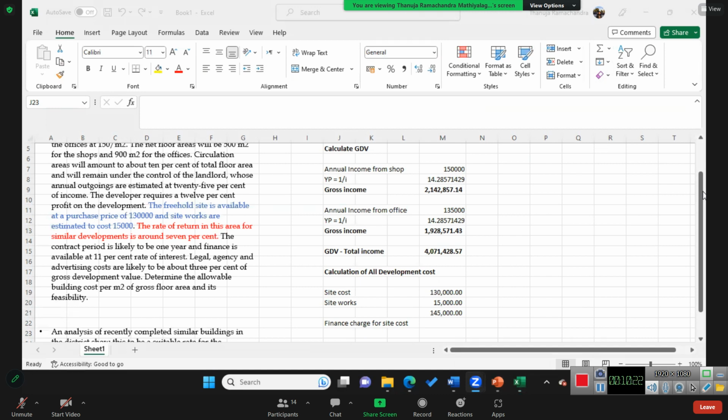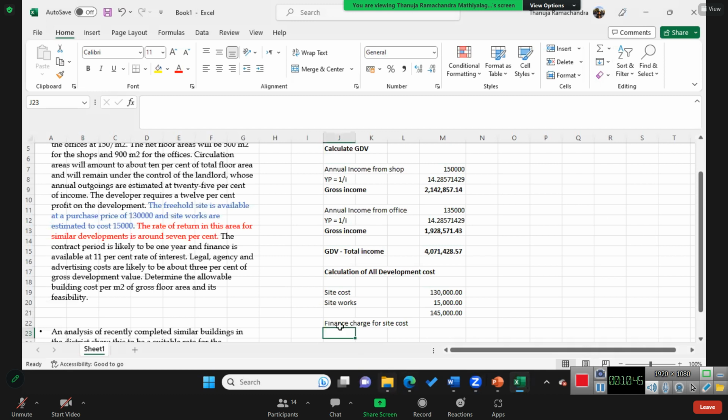So for that, how long is the development period? The contract period is likely to be 1 year and the finance is available at 11%, right? So therefore, we'll assume that the development income will come after 1 year.